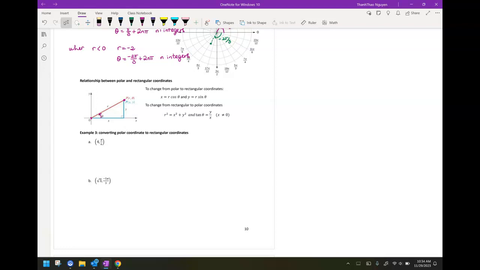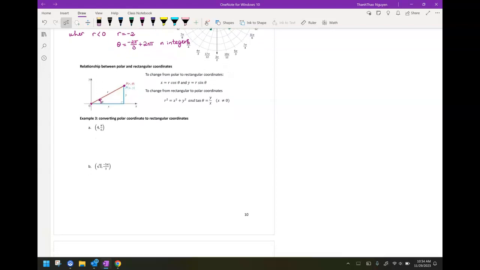Okay, so convert polar coordinates to rectangular coordinates. Here x is equal to r cosine theta, which equals 4 times cosine of pi over 6. That equals 4 times root 3 over 2, which is 2 root 3. y equals r sine theta.